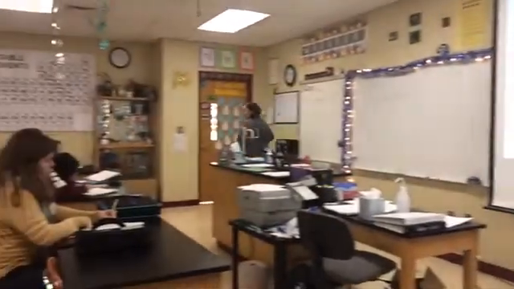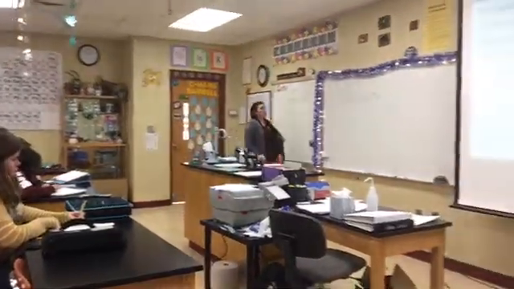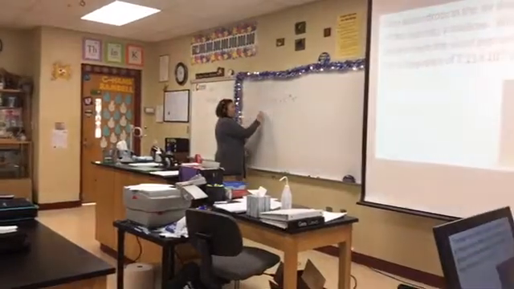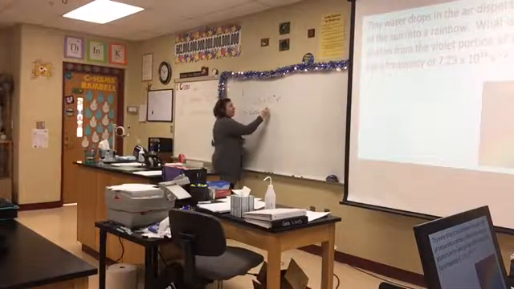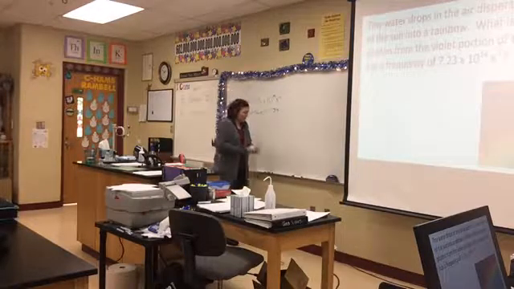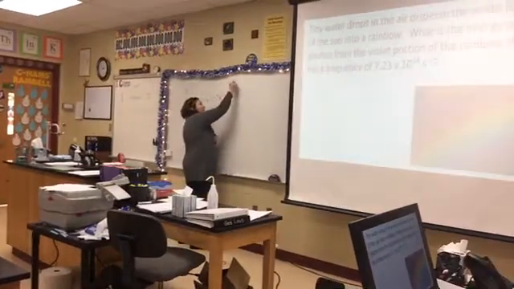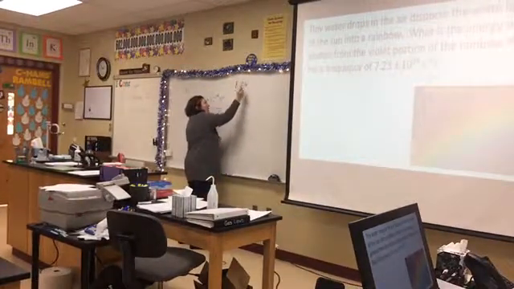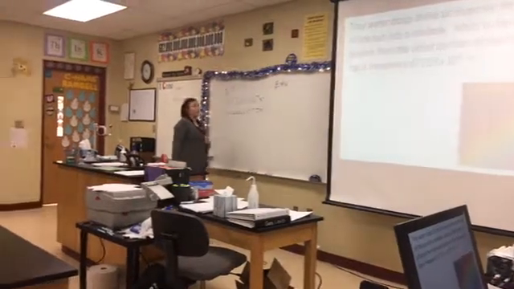Okay? So, we take our H, 6.626 times 10 to the negative 34th joule seconds. Now, if you look at this, that's our givens. And then you need your equation, E equals HV. And then we just plug numbers in.